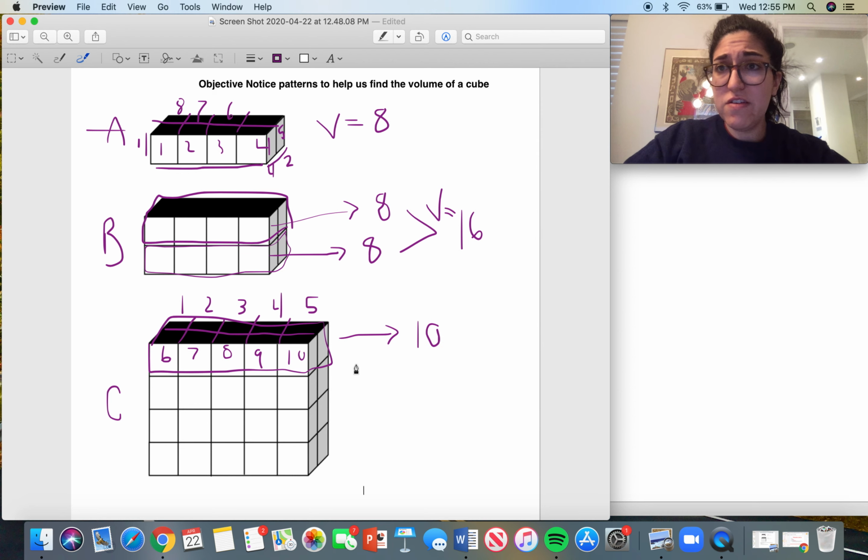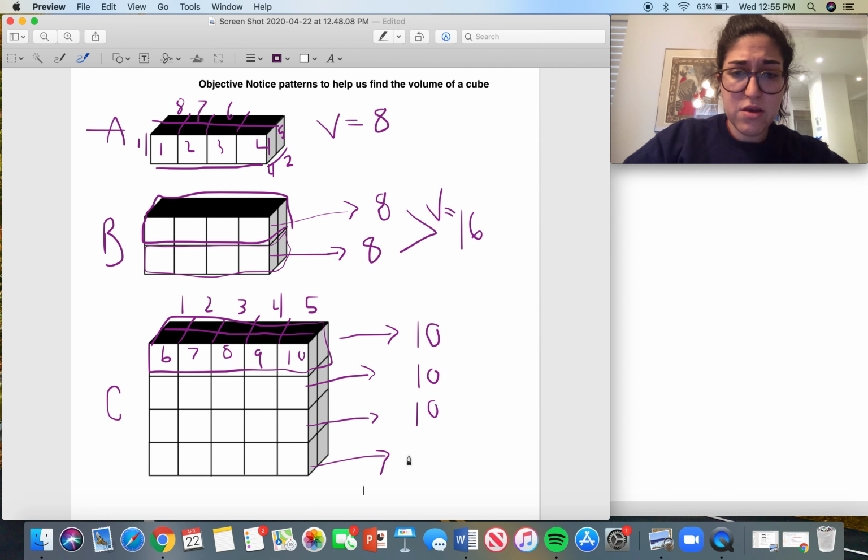And since this is a cube, and these can't just hang out on their own, they must have things below them. If this top layer is 10, then this second layer is also going to be 10. And this layer is going to be 10. And this bottom layer, therefore, will also be 10.